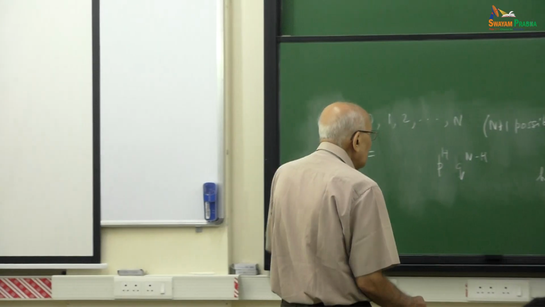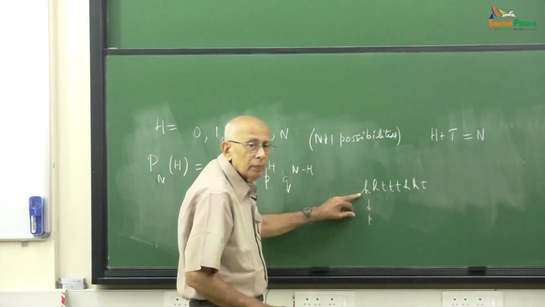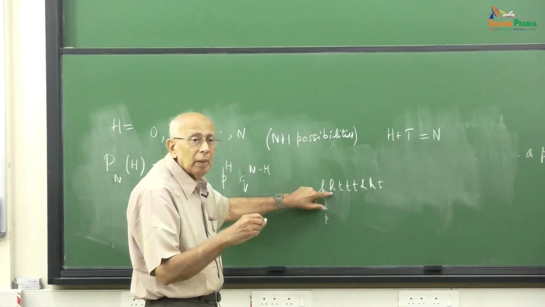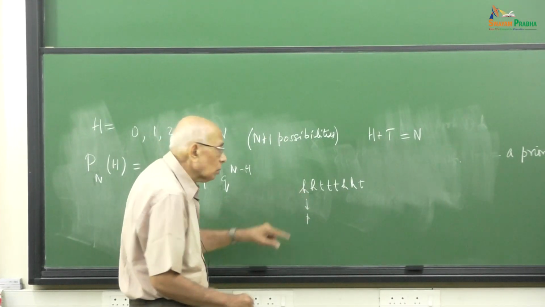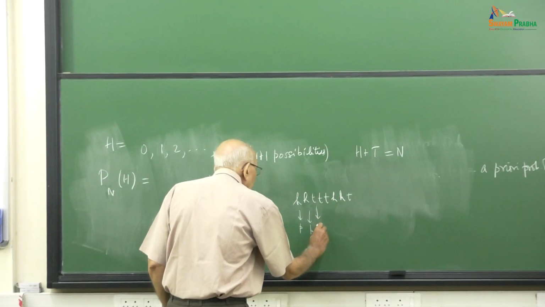First of all, the probability that this h occurred first is p. Then you want the probability that this h occurs, and it's an independent coin. So you want p times p. So you have another factor p. And then you want t, which is q.